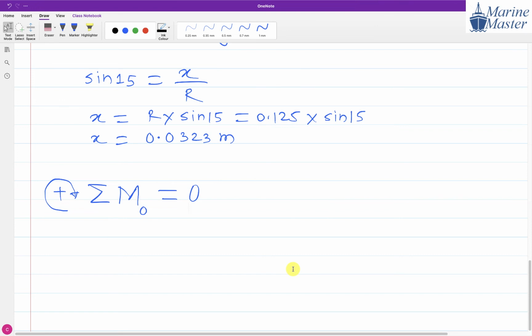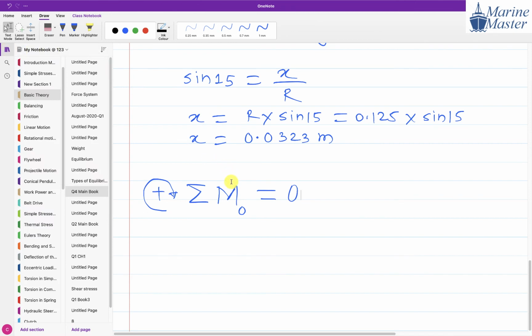So if any object is in equilibrium, then the net resultant moment will be 0.